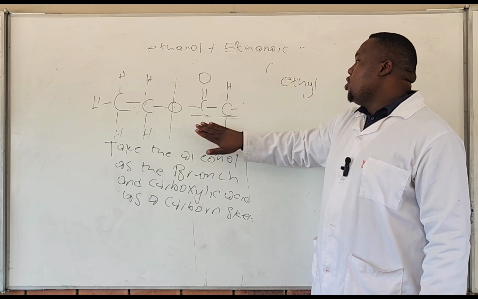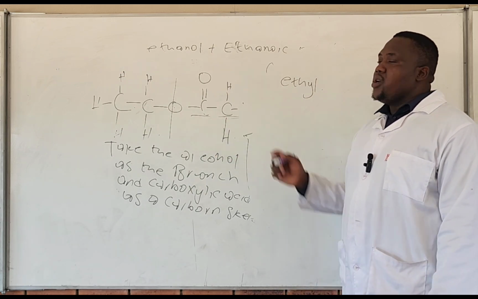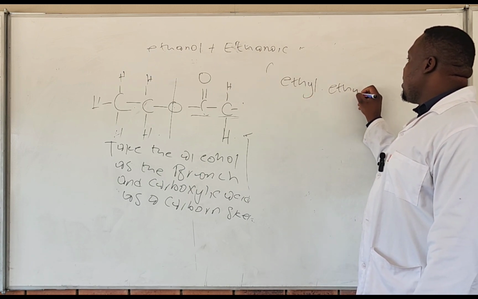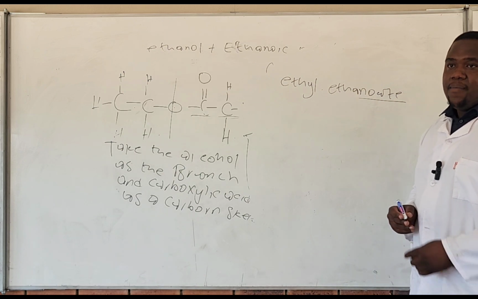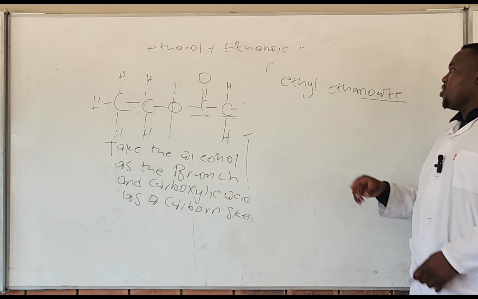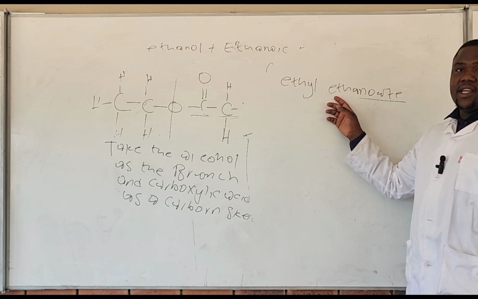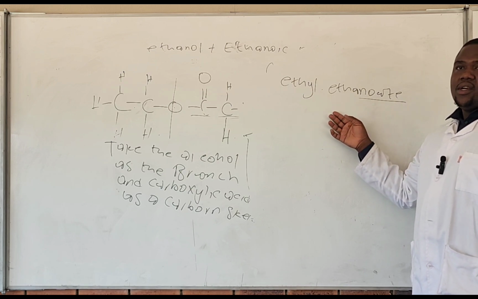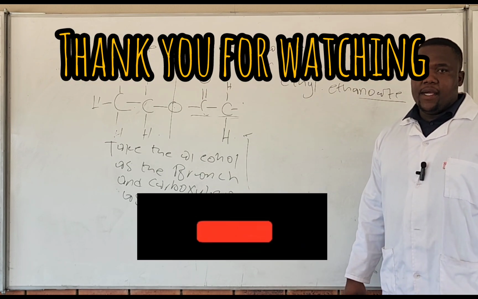How many carbons? 2 carbons. So the IUPAC name of this ester is going to be ethyl. No, wait. Remember that the suffix of all these esters is OATE. So that's how we do it. I hope you saw how we get to do these things.